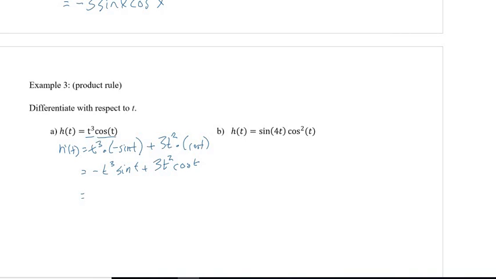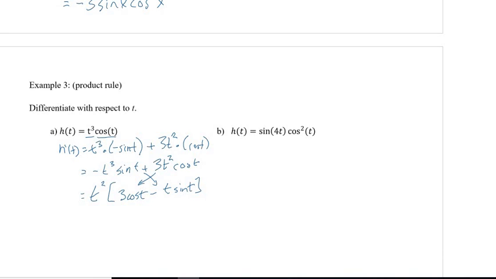And of course, we can factor out a t squared. I like to have the positive up front, so we're just going to flip those two terms. And it becomes t squared times 3 cos of t minus t sine of t. And that's the derivative for that function.